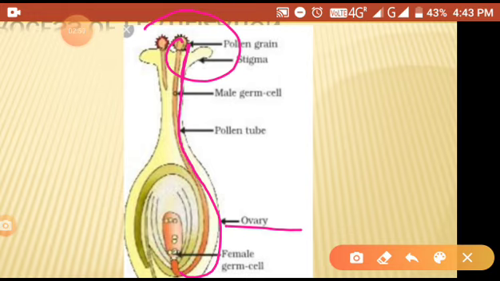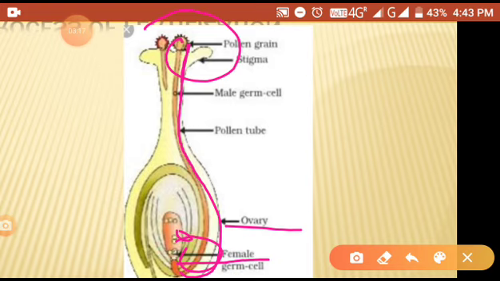The ovule contains a female cell. Here the female germ cell is already present. So here the male cell and female cell fuse together, and they form a zygote. This process is called fertilization.